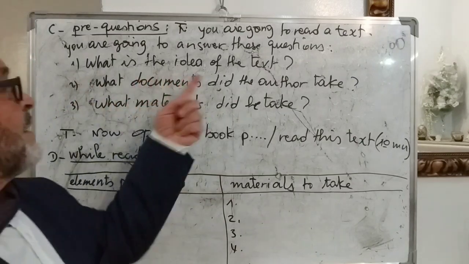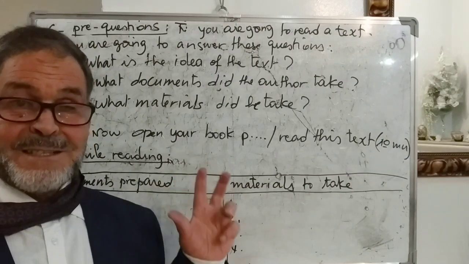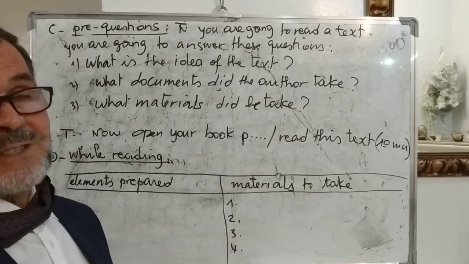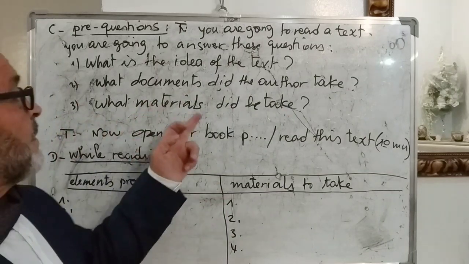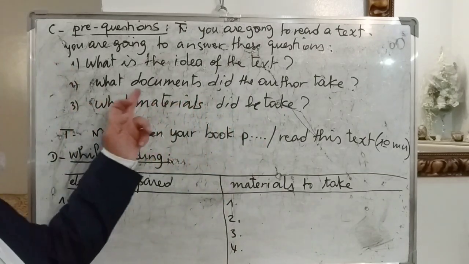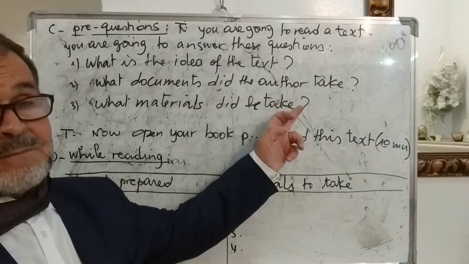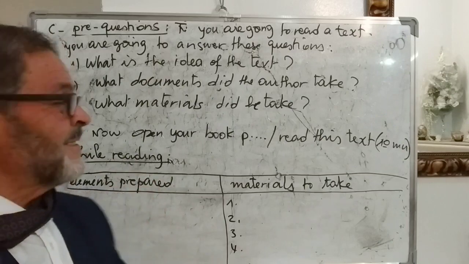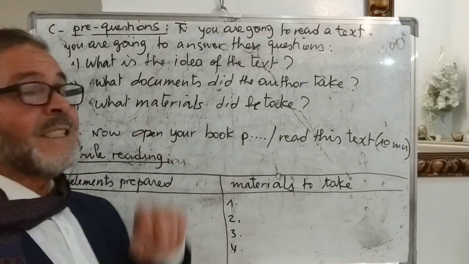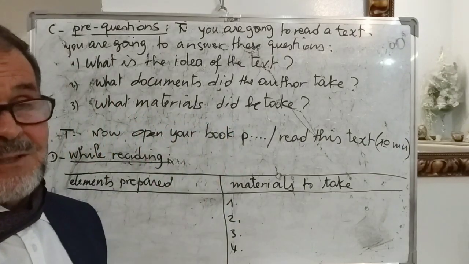First, what is the idea of the text? This is skimming. Briefly, they read the text and they give the idea of the text. What materials, what documents did the author take? So we are going to focus on the documents. This is scanning. And what materials did he take? So there are 3 questions.